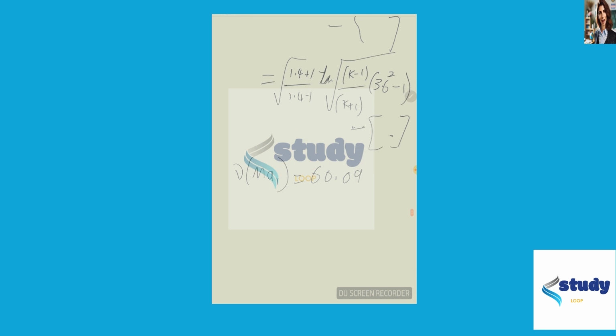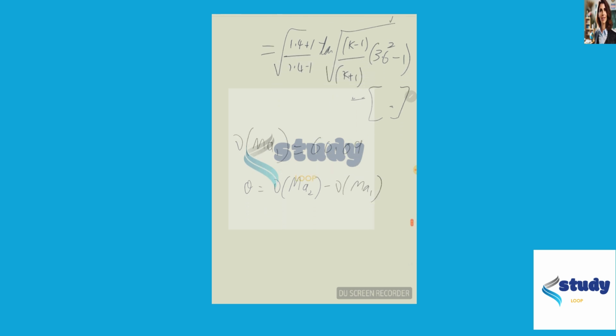Then, following the problem again, we have theta equals nu of Mach 2 minus nu of Mach 1, or nu of Mach 2 is equal to nu of Mach 1 plus theta, so it is equal to 60.09 plus 15, which is equal to 75.09.